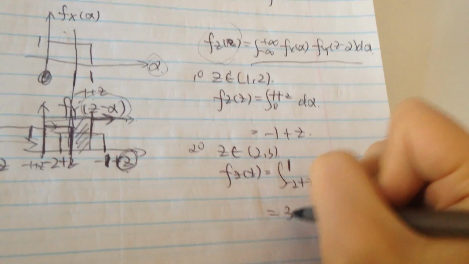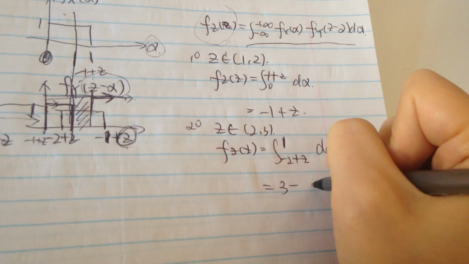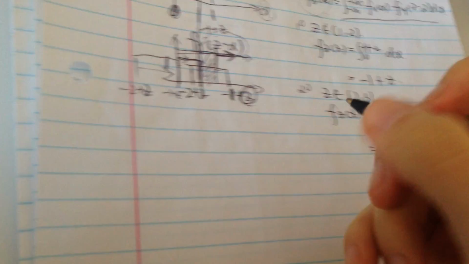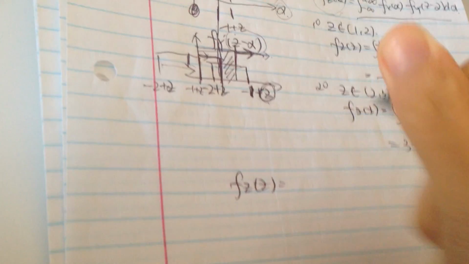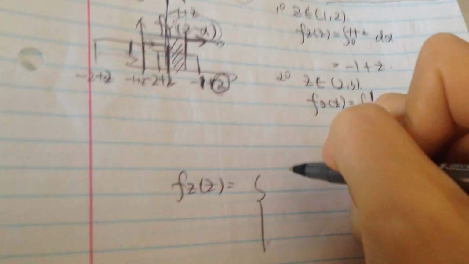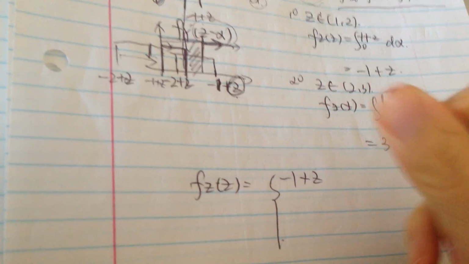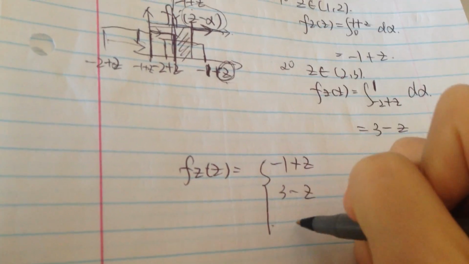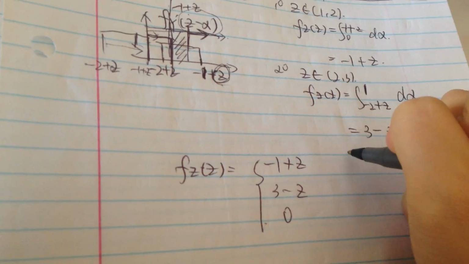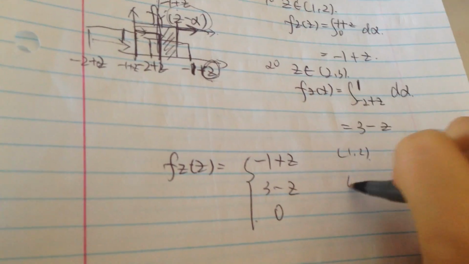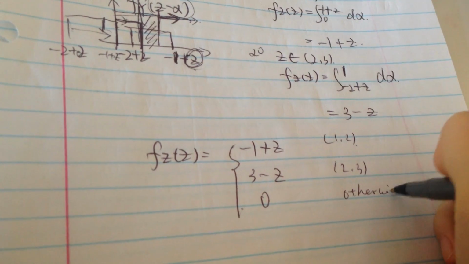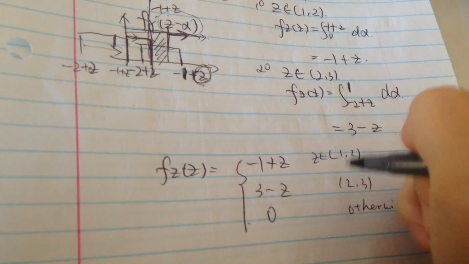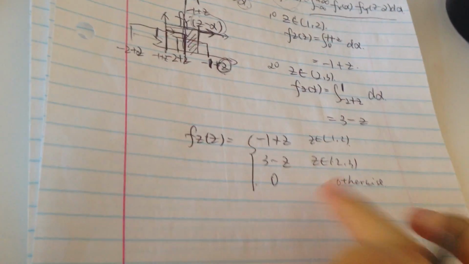So the result is 3 minus z. So here's the result of the density function f_Z: 3 minus z for the range 2 to 3, and otherwise 0. And here's the result.